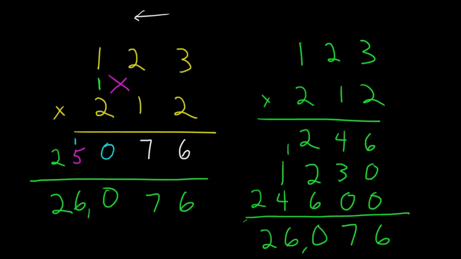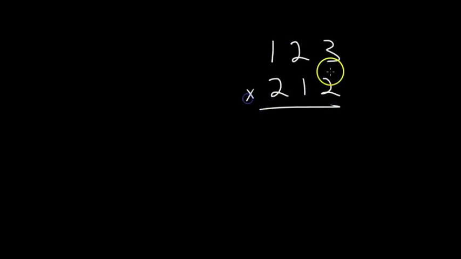Now, looking at this example, we're certainly writing less, doing a little bit more in our heads maybe. It looks like a lot less work, but in actuality, you're really multiplying the same amount of times. So if we take another look, 123 times 212. We're multiplying 2 times 3, 2 times 2, 2 times 1.